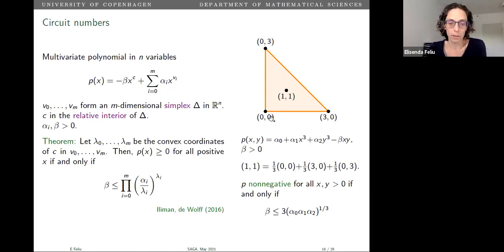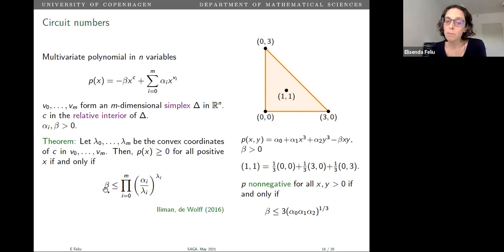Then the theorem you can find here says, okay, write the point in the middle in convex coordinates. You can always do that because it's a simplex. So for example, this point, you can write it in this way. Then when you have done that, these are your coefficients.